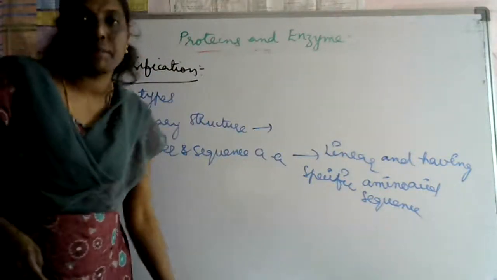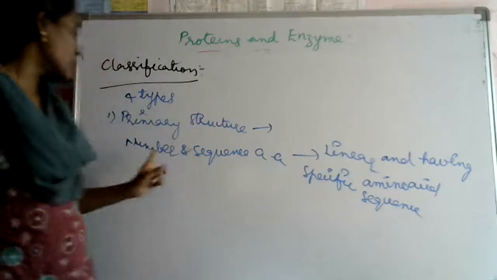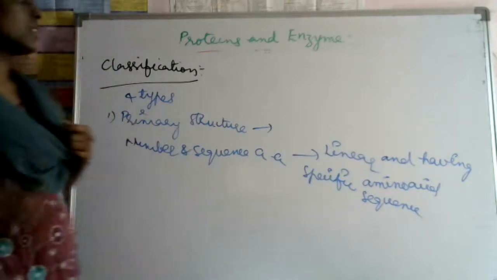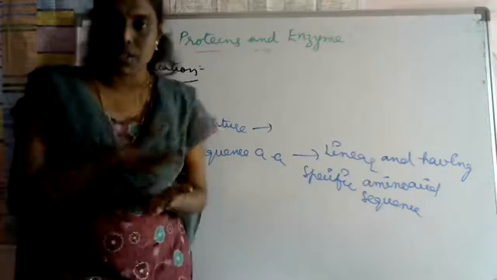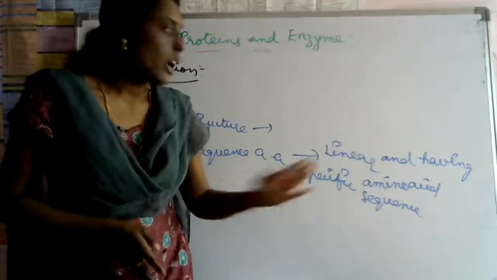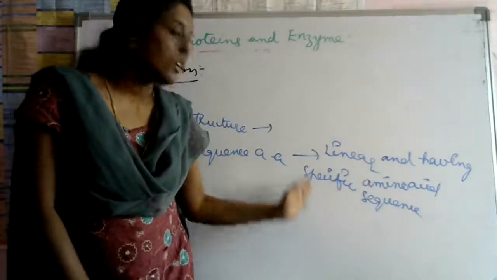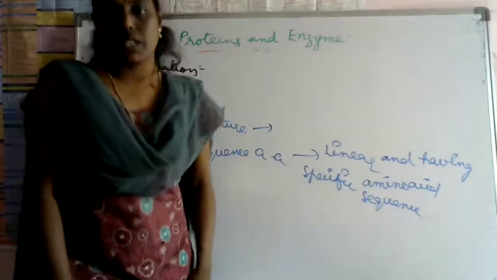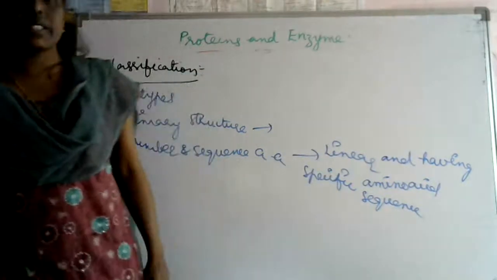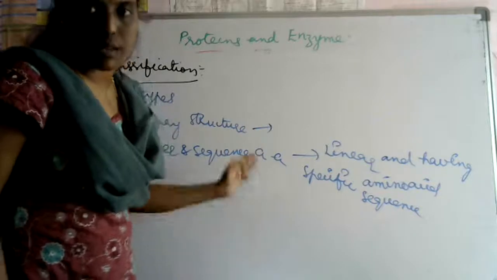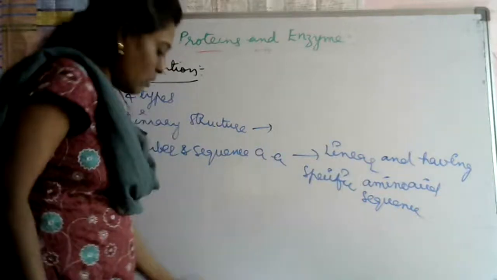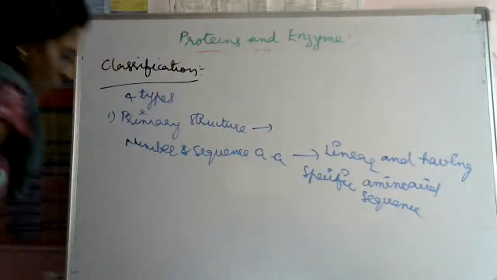So what is this one? Primary structure. Mainly it consists of a linear chain and has a specific amino acid sequence. Then it is called the primary structure of the protein.